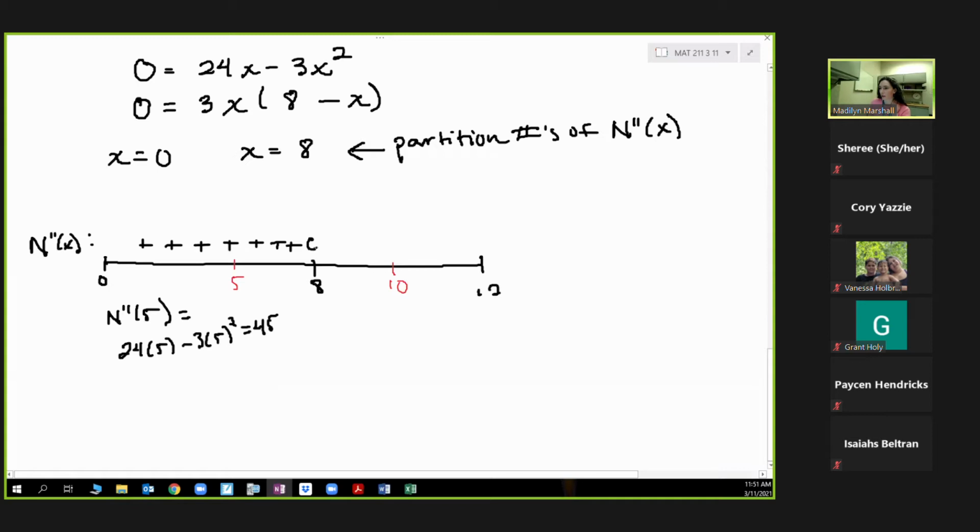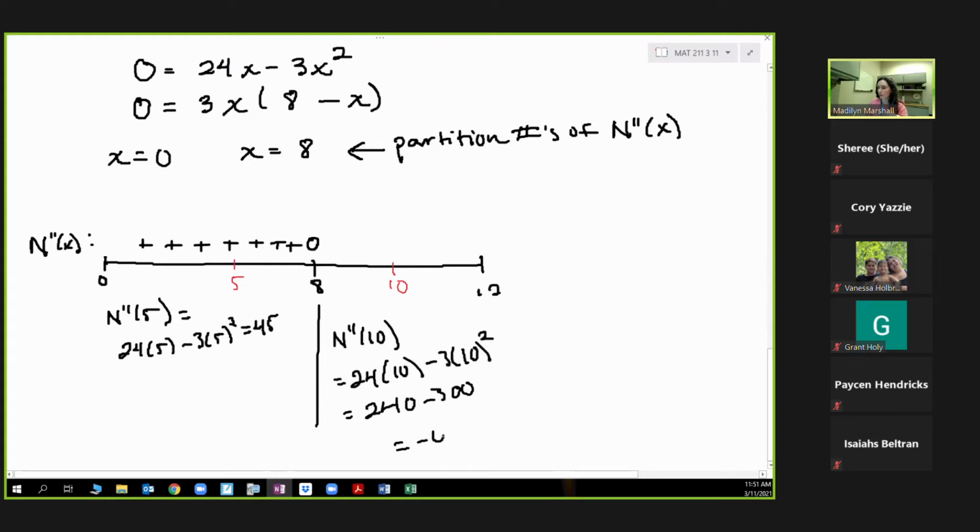We know that the second derivative is 0 at 8. And then we would just do the same thing for 10. And that one's a negative.